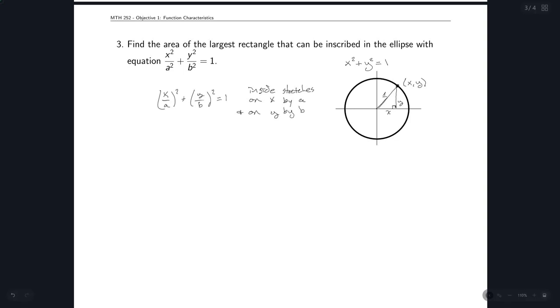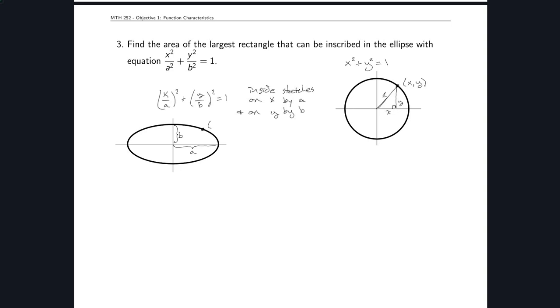So what this is going to do is give us an ellipse where now the x direction has been stretched by a and the y direction has been stretched by b.